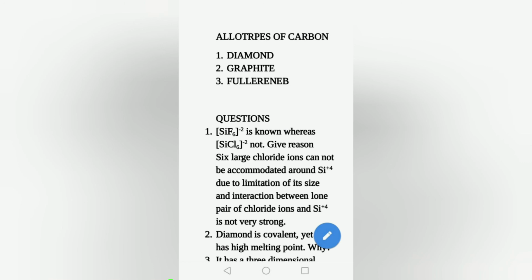Fullerenes are also known as Buckminsterfullerenes due to their resemblance in structure to geodesic domes designed and built by the American architect Buckminster Fuller. Fullerenes are large cage-like spherical molecules with general formula C2n.